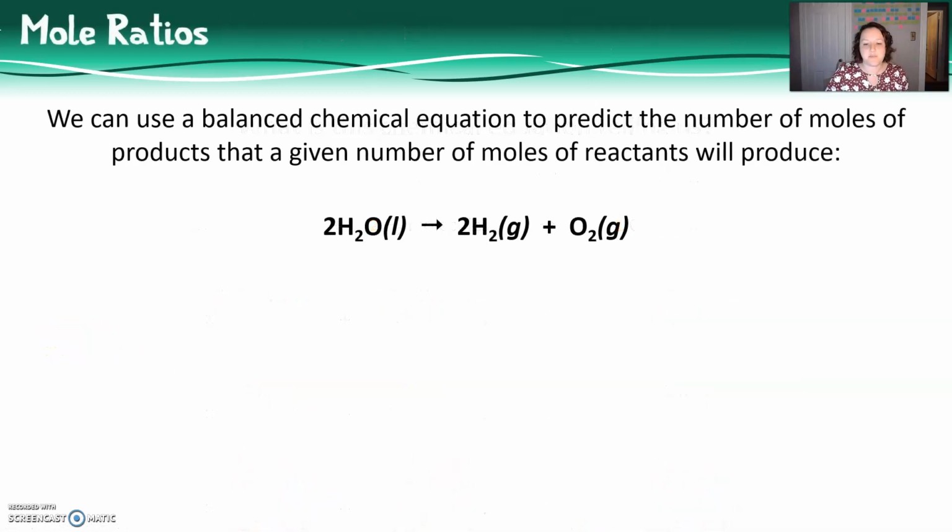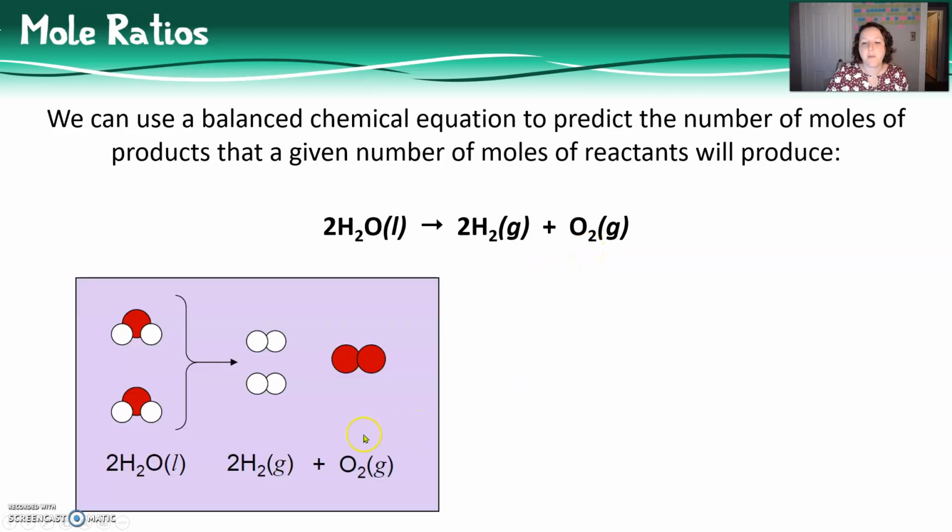As we saw on this previous slide, we can use the molar coefficients in the balanced reaction to predict how many molecules would be involved in a reaction if you change the amount of one chemical species. For example, in this water decomposition reaction, 2 molecules of water form 2 molecules of hydrogen and 1 molecule of oxygen. But if I started with 4 molecules of water, then I would produce twice as much hydrogen and oxygen since I'm starting with twice as much water.